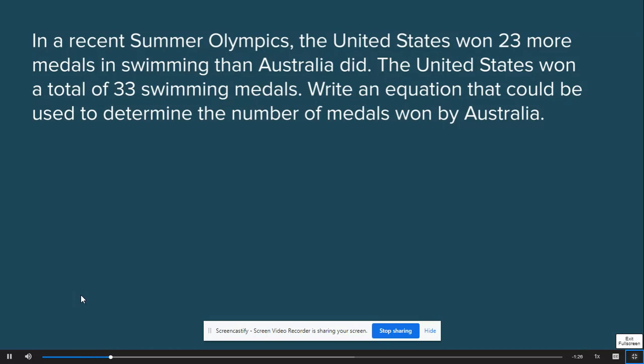The United States won a total of 33 swimming medals. You are asked to write an equation that could be used to determine the number of medals won by Australia.